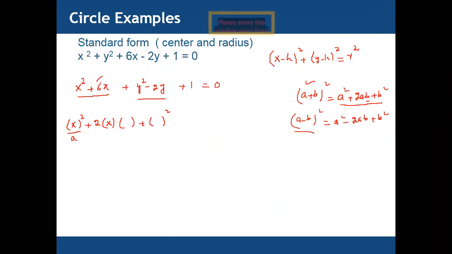Now we have 6x. So what number multiplied with 2 becomes 6? What number should we multiply with 2? This must be 3, because 2 times 3 equals 6x.